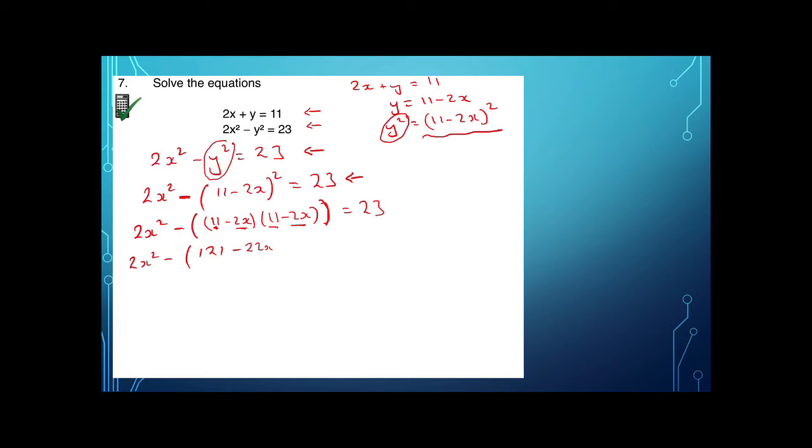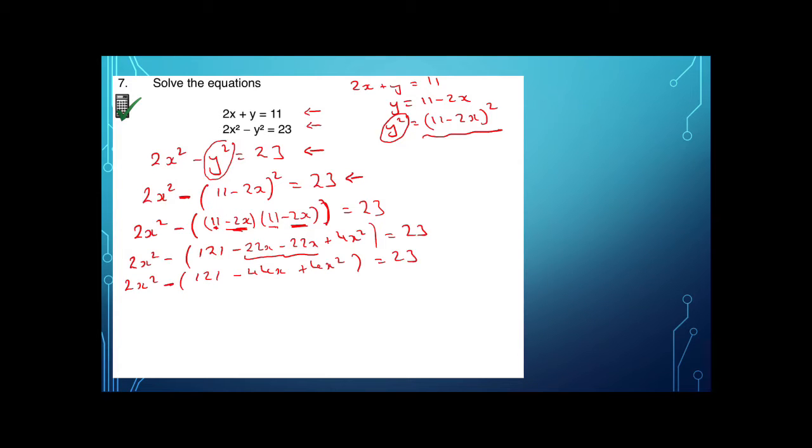Negative 2x times 11 is negative 22x. And then negative 2x times negative 2x is positive 4x squared. I'm going to tidy that up a little bit. 121 minus 44x plus 4x squared equals 23.